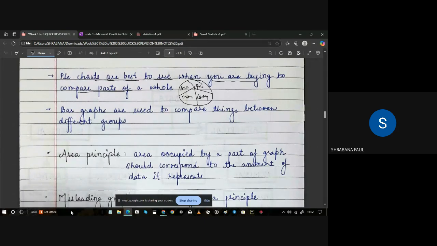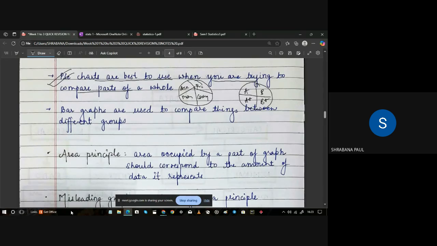Whatever the proportion, we compare it. Or an easy example, like in a class, we divide students by blood groups, how many students have blood group A or A positive, B or B positive.